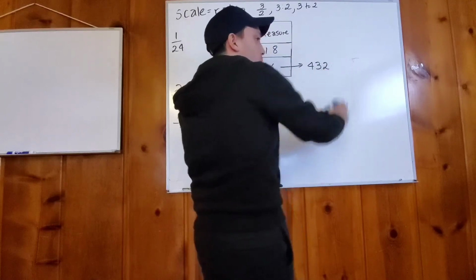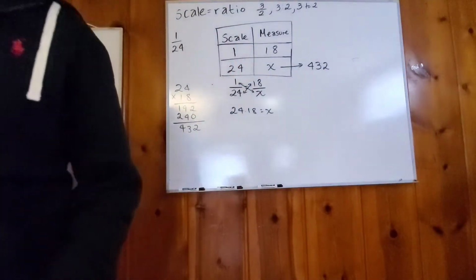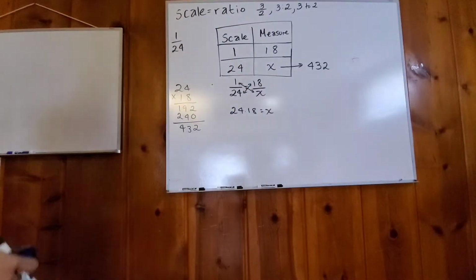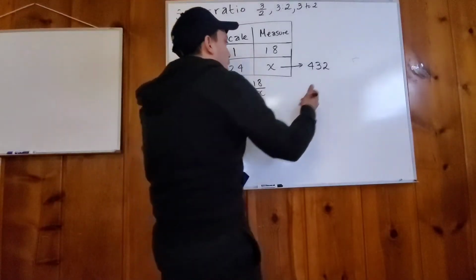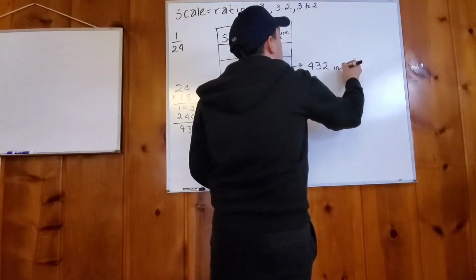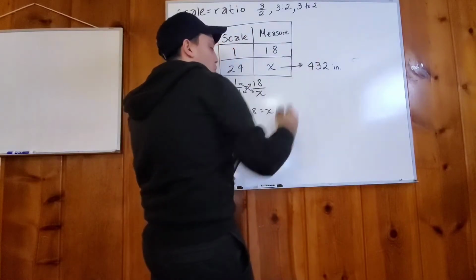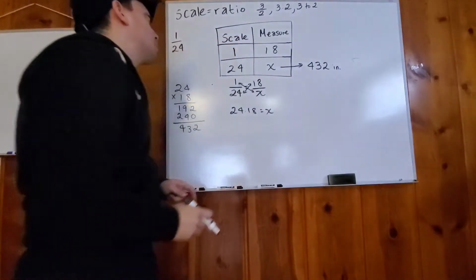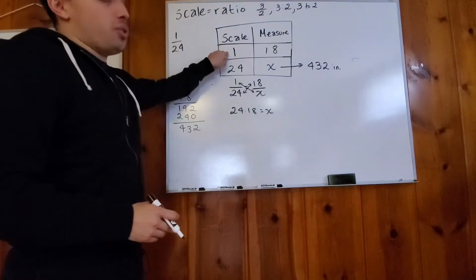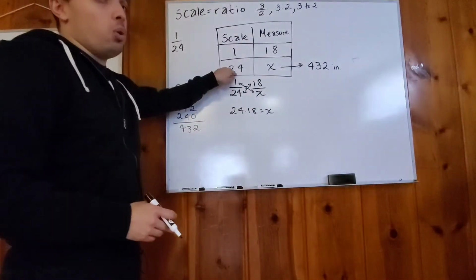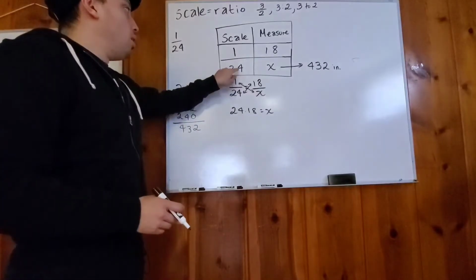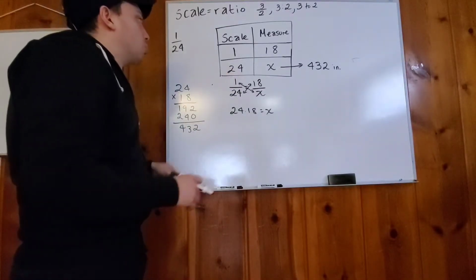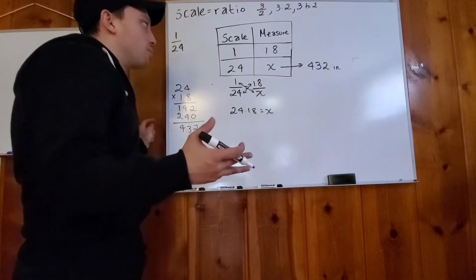So in here, the actual wingspan of the airplane is going to be 432 feet, and that is how you solve example 1. Well, it turns out I was wrong about the feet, right? It was actually inches. So I did get the right answer in number, but the wrong unit, 432 inches. Because they're saying for every 1 inch in the scale model, there's 2 feet or 24 inches in the actual measurement of the plane.